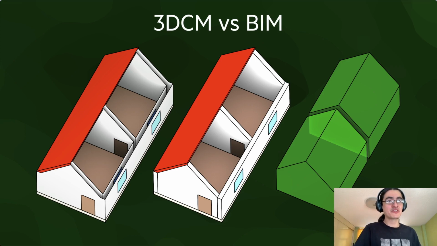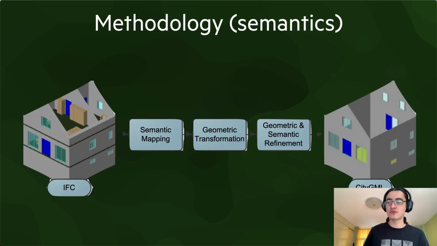Whereas in a 3D city model, you actually want to have surfaces. You don't care whether something is a concrete slab or not, you care whether you have a room that can be labeled with a specific use, with a specific volume, area, and so on. So there are two different ways of looking at the world, and translating from one to the other is sometimes not so straightforward.